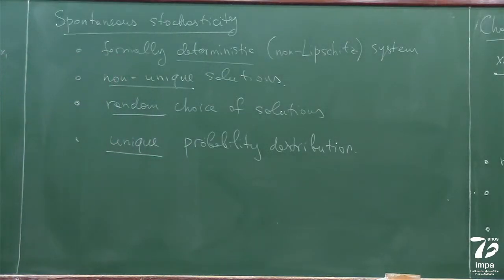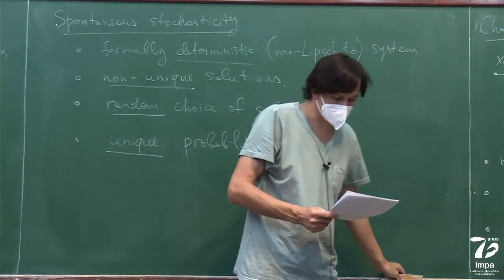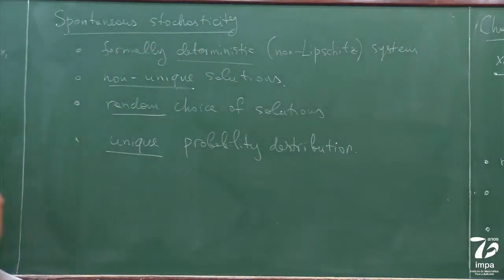So now we can also comment on what is the difference between spontaneous stochasticity and chaos. Because somehow it resembles chaos, but it's not.